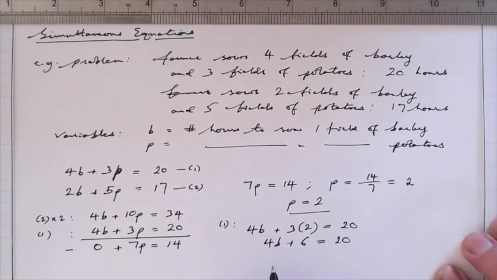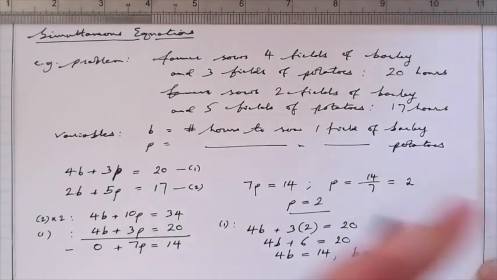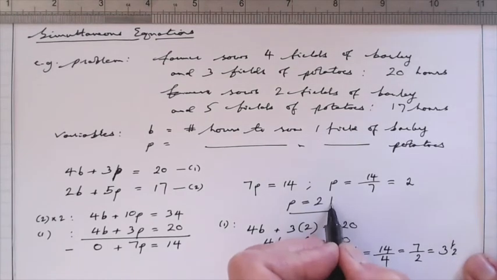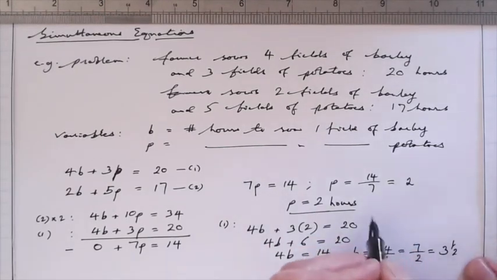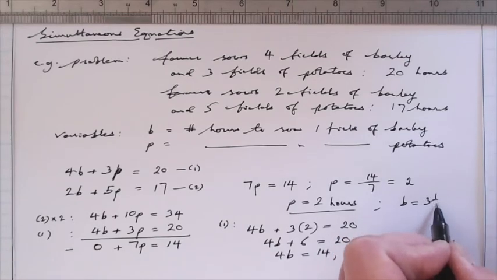Taking 6 from both sides, I get that 4b is equal to 14. And so b is 14 divided by 4, which is 7 over 2, which I can write in this case, because we're dealing with something familiar like hours, as 3.5. So I have then, that b is 3.5 hours.